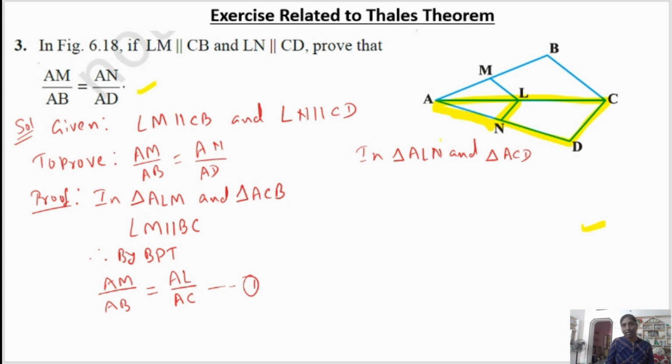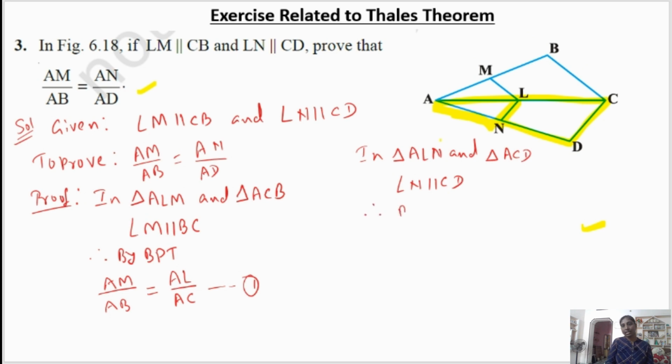So AN by AD is equal to, here first we should write what is parallel to what. It is given in these two triangles LN is parallel to CD.